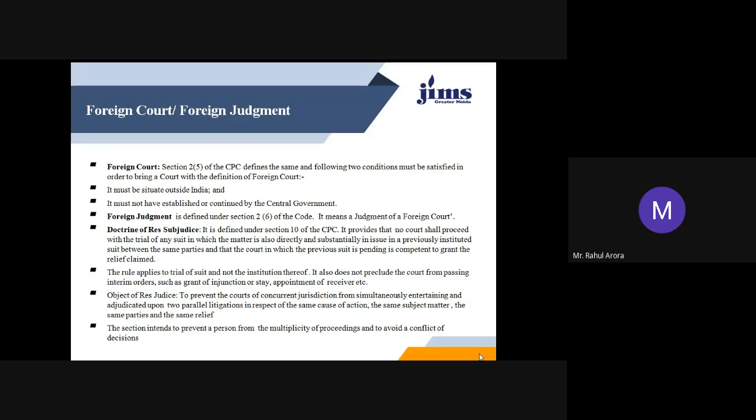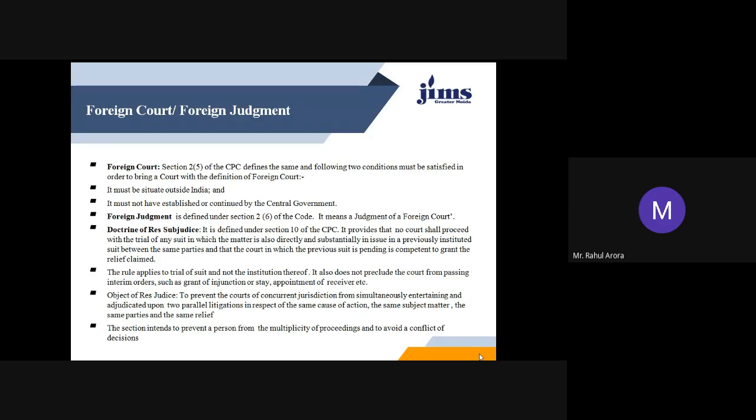That is the foremost condition. And second condition is it must not have been established or continued by the central government. If the said court is governed by the central government, then the same would not come under the definition of foreign court.